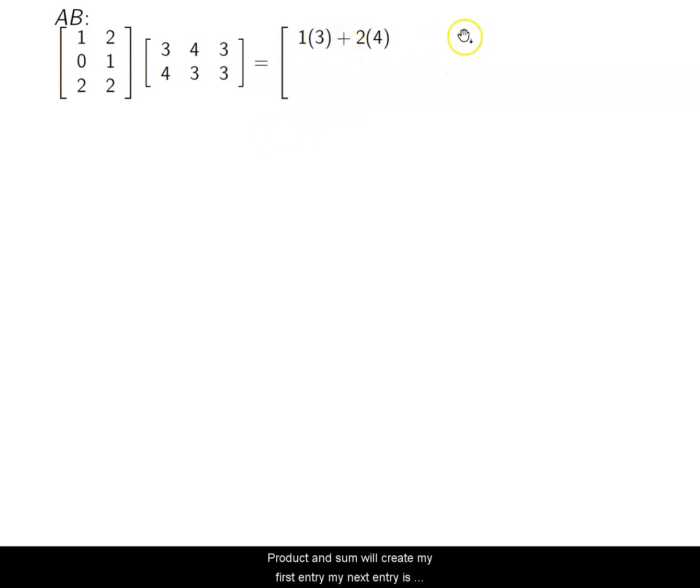My next entry is going to be the first row times second column to make the entry 1, 2. 1 for first row, 2 for second column, right? So I'm going to have 1 times 4 plus 2 times 3. My last entry here is going to be my first row times my third column, or 1 times 3 plus 2 times 3, right?